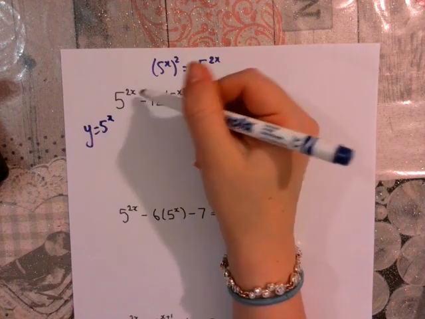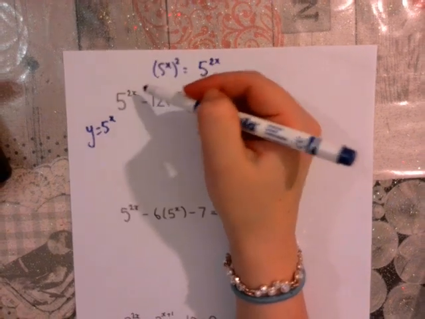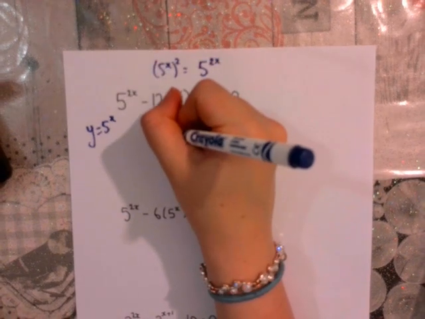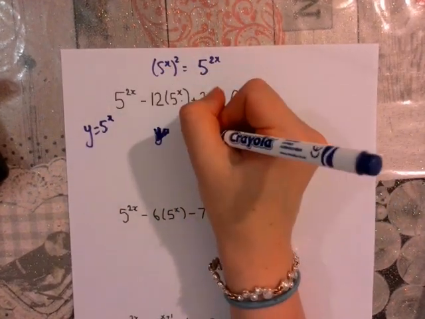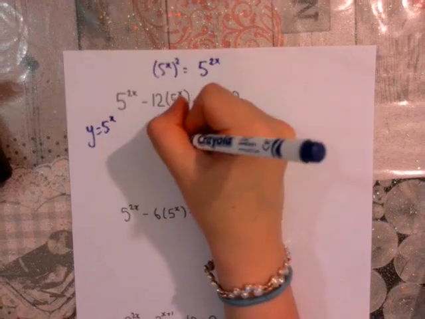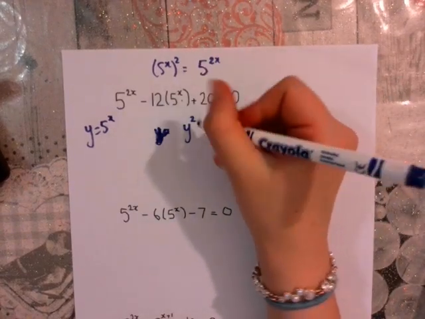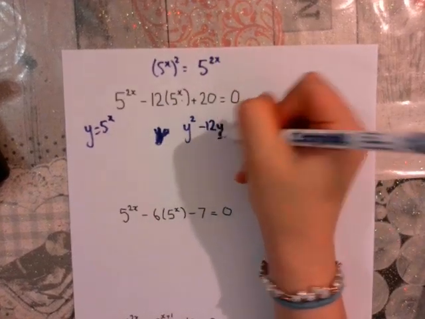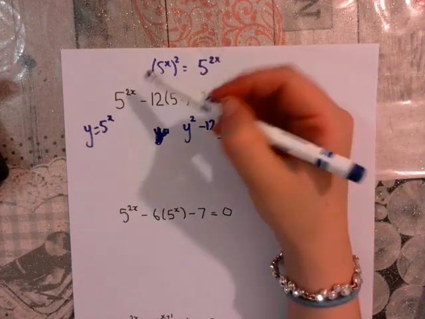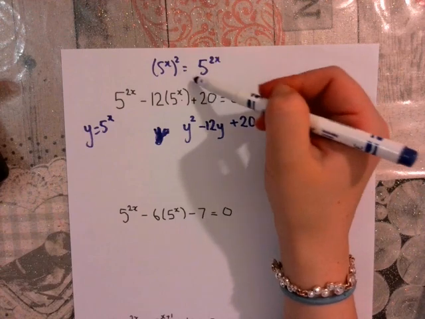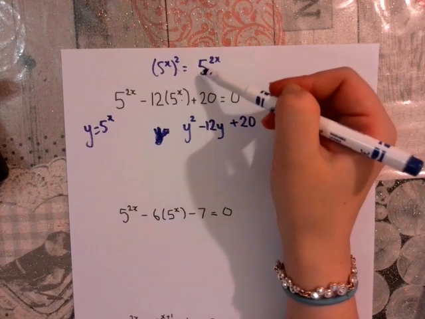So let's substitute that in. So this bit is just going to be y squared. Then it's going to be minus 12y and then plus 20. So this bit here is what you get when you square it, so that is why it's just y squared.